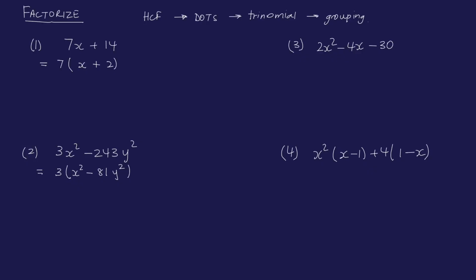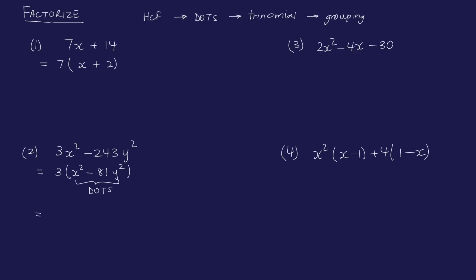Is there an HCF that I can take out again? No, there isn't. So then I check, is there DOTS here? And the answer then is going to be yes. Because if I look at the bracket that I've got, this here is going to be DOTS, because I've got 2 terms, there's a minus between them, and they are both perfect squares.